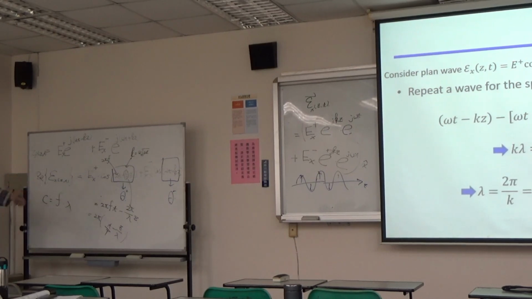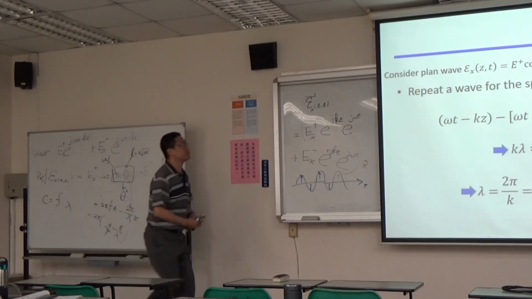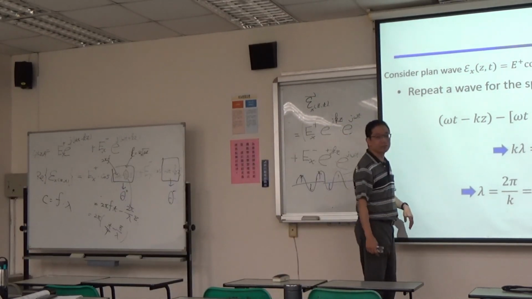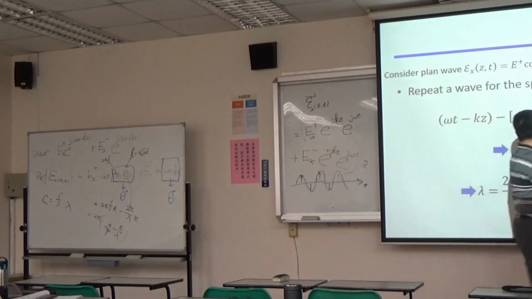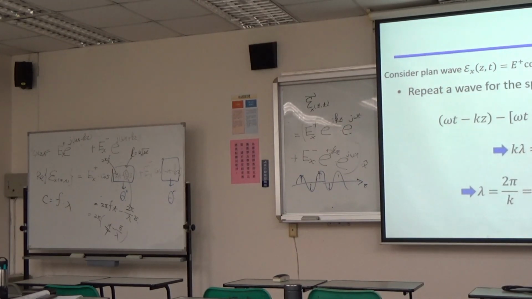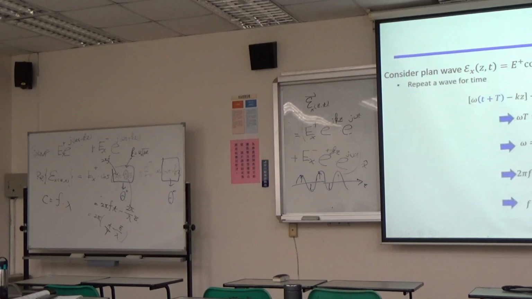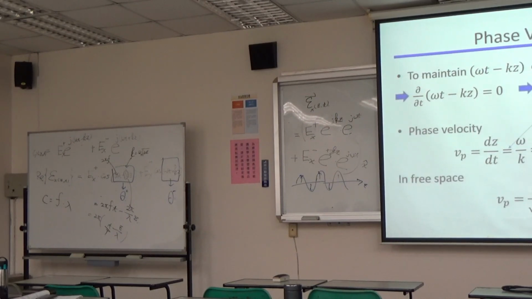If you do that, K lambda equals 2 pi, you just do an abstraction. So lambda is 2 pi over K, right? And we obtain your K from this one. Vp equals omega over K, right?